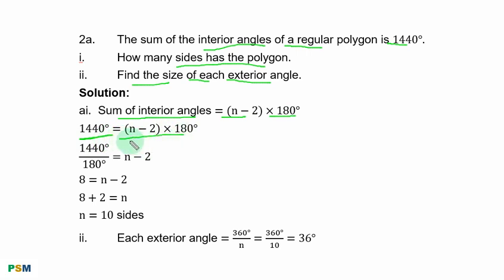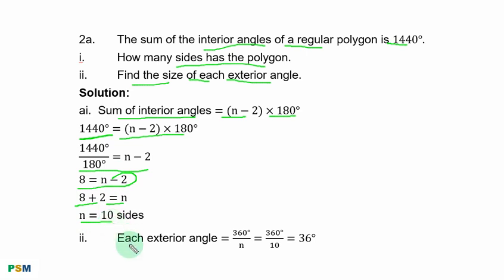To get n minus 2 first, divide both sides by 180 degrees. You have 8 equal to n minus 2. Transfer 2 to the left hand side. You have 8 plus 2 equal to n. Therefore, n is equal to 10 sides.